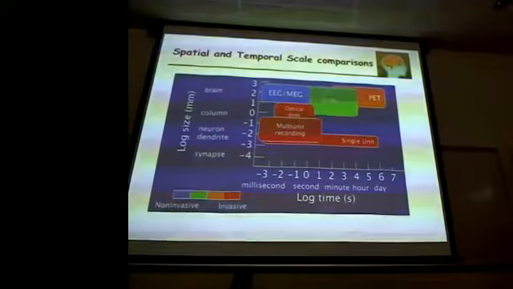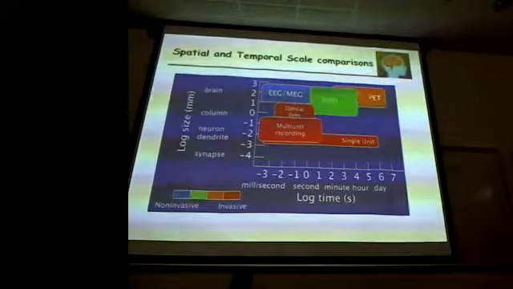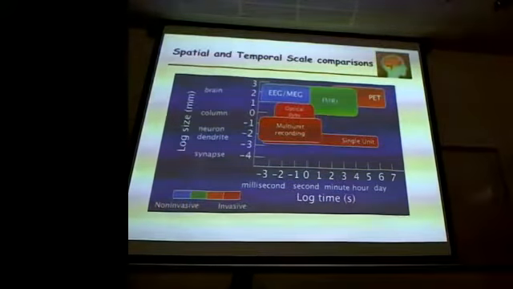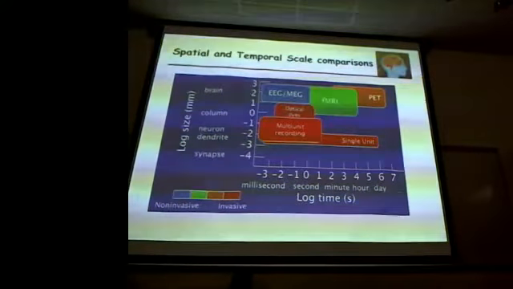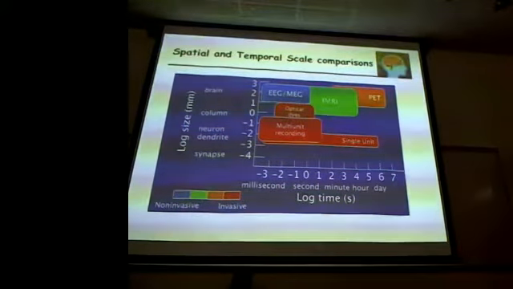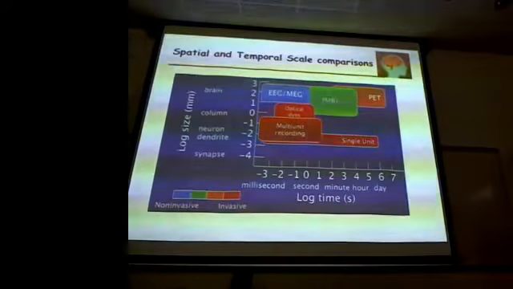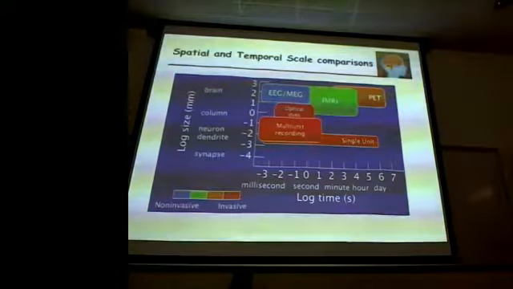Just as a quick summary, this is temporal scale along this axis, and this is spatial scale along this axis. You can see that EEG and MEG are over to the left relative to fMRI, but not quite as far down on the spatial scale as fMRI.